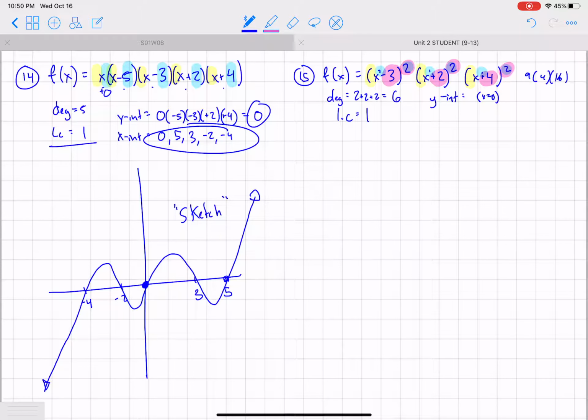So if we do that, I'm using my calculator, and so we do 9 times 4 times 16, so 144.